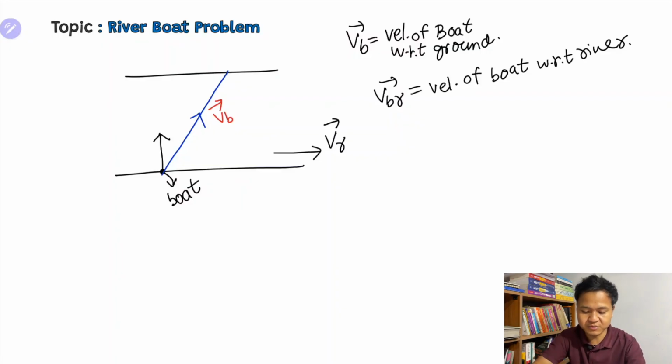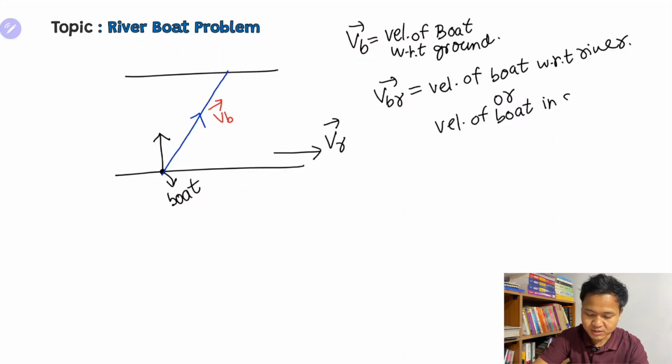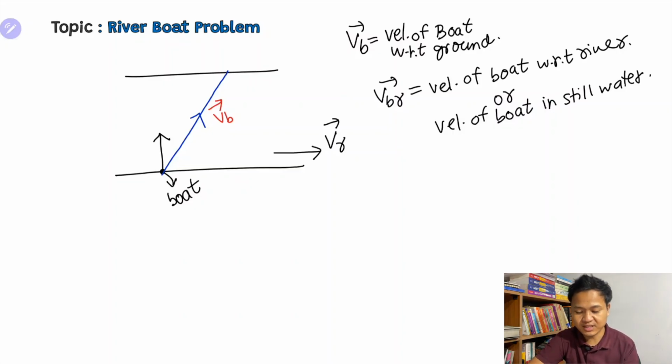Velocity of boat with respect to the river. Sometimes in a question this is given as velocity of boat in still water. Most of the time students get confused. If you confuse velocity of boat in still water with velocity of boat with respect to the ground, that is wrong.